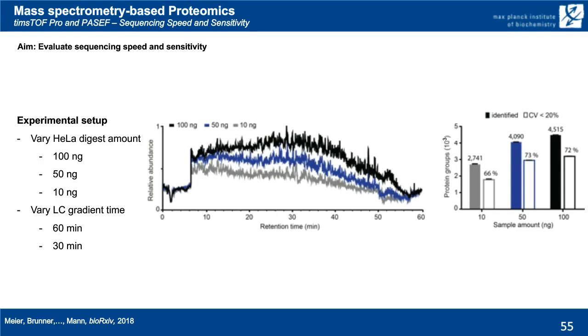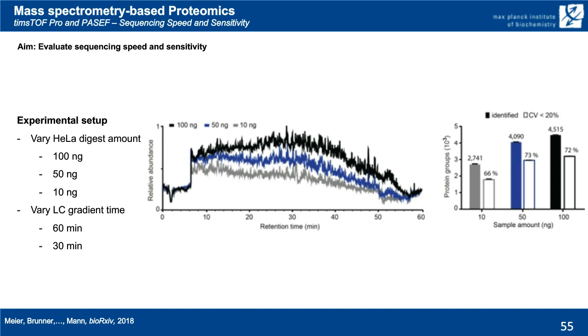Here you can see the output of the 100 nanogram, 60-minute LC gradient measurements, and with only 10 nanograms, we identified more than 2,700 protein groups, and with the 100 nanogram, we identified more than 75% of the proteins we identified with double the sample amount and also double the LC gradient time.